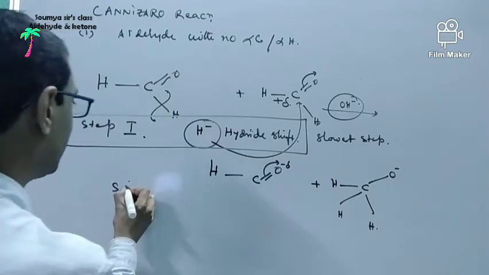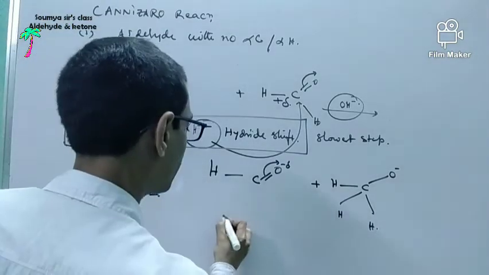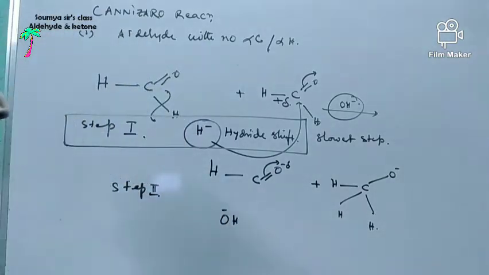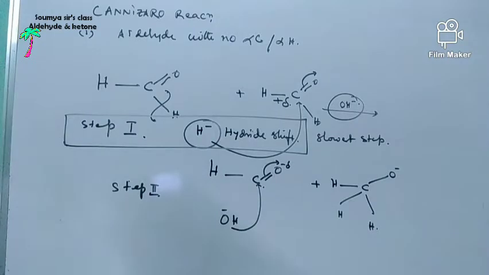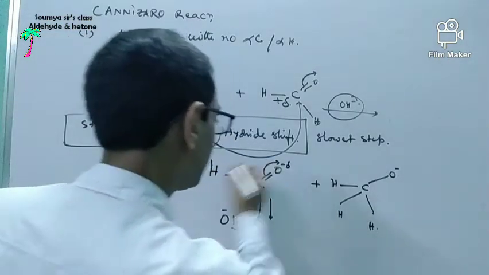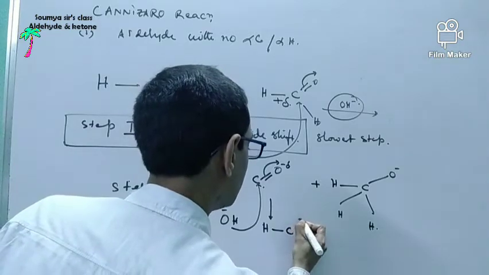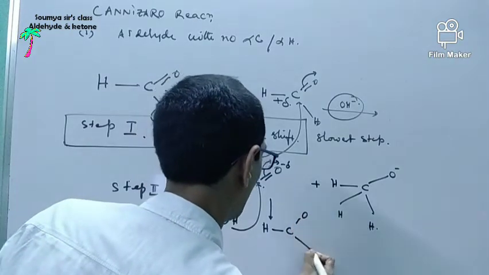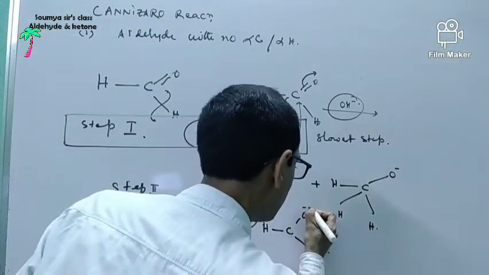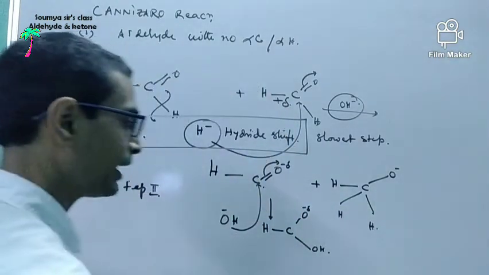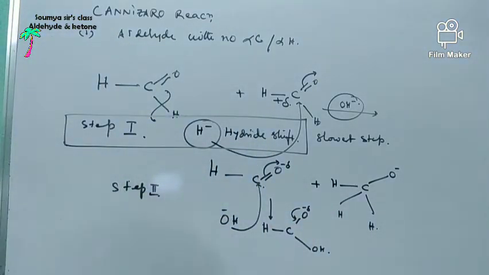In step 2, the OH minus ion in the medium attacks the carbon. As a result, this aldehyde becomes HC single bond O and OH, where the electron will come again into this bond to form the double bond.